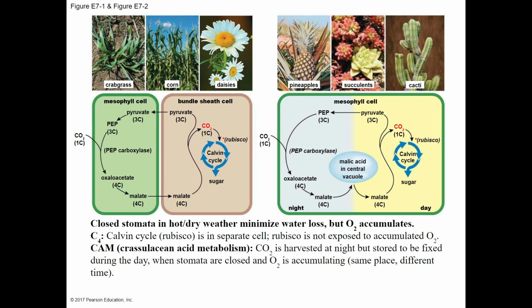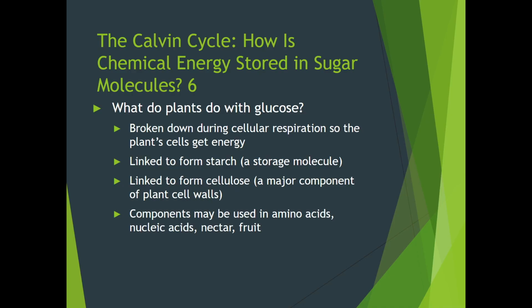So even though oxygen is accumulating, it's not during that time that it would react with RuBP because the Calvin cycle is not trying to happen. So this prevents the accumulation of oxygen from getting in the way of the Calvin cycle, these modifications that plants have taken on, like crabgrass and corn, daisies, pineapples, succulents, and cacti.